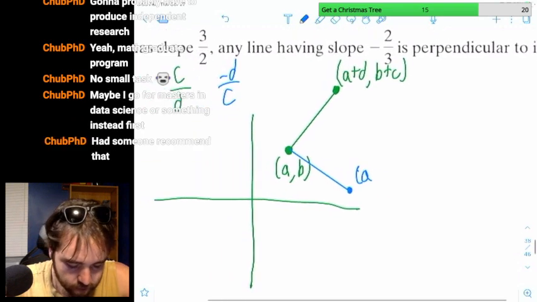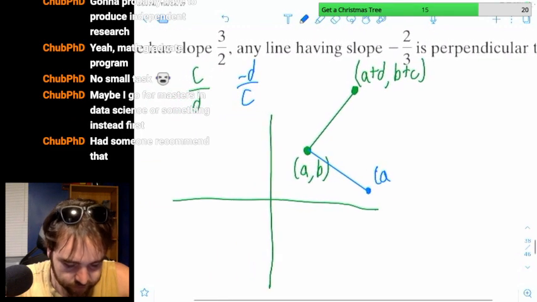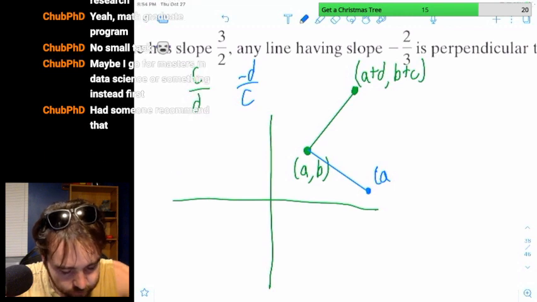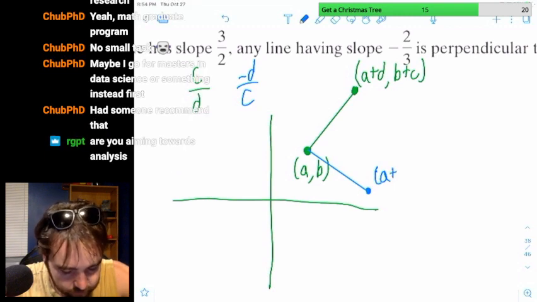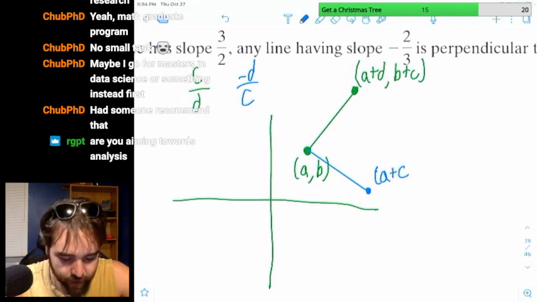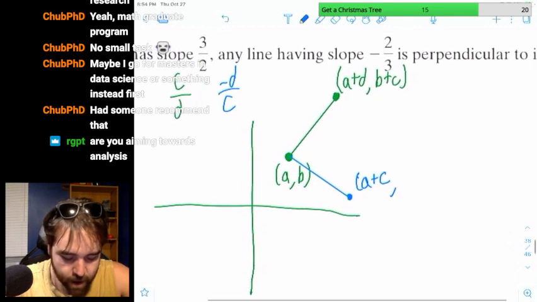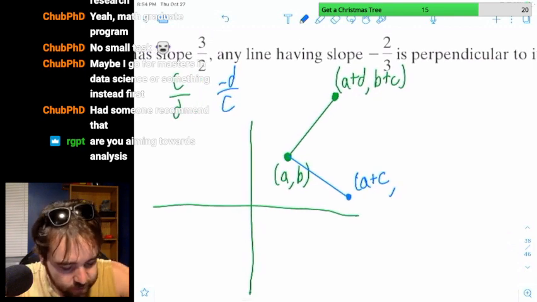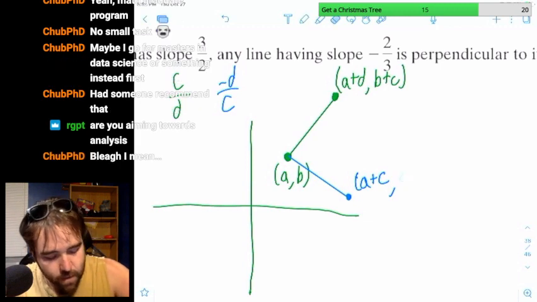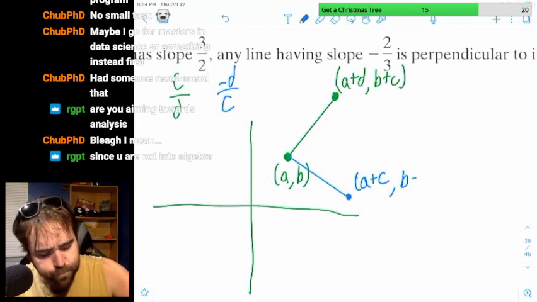But let's see, we went up C, so A plus, oh no, we went over C, so A plus C, and then we went down D, so B minus D.